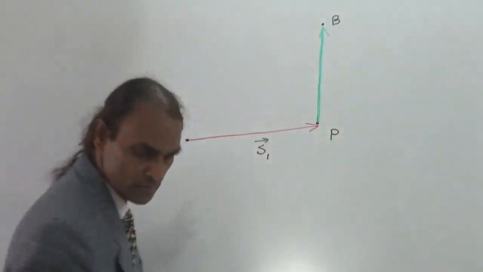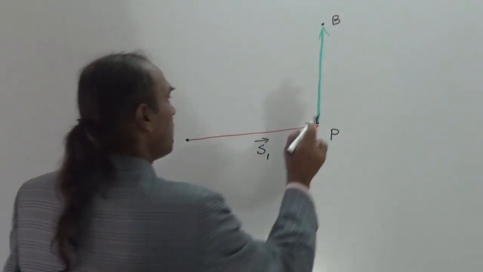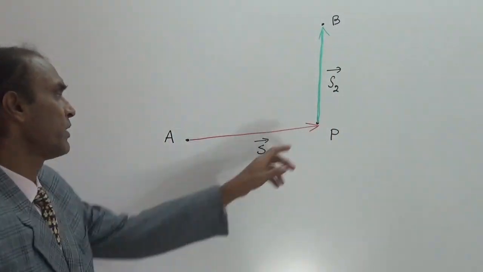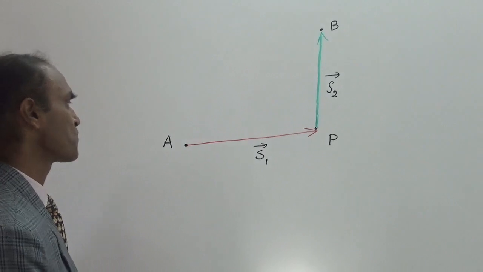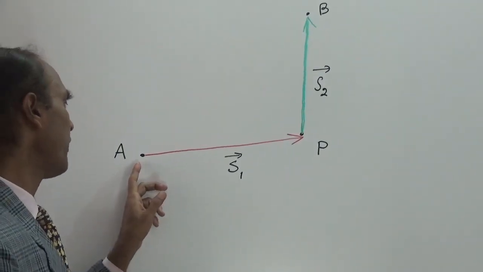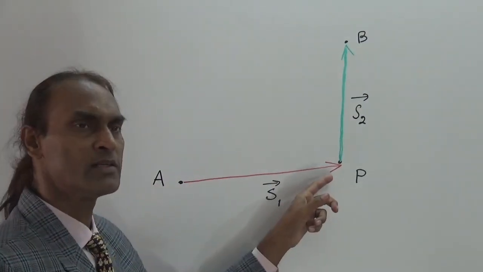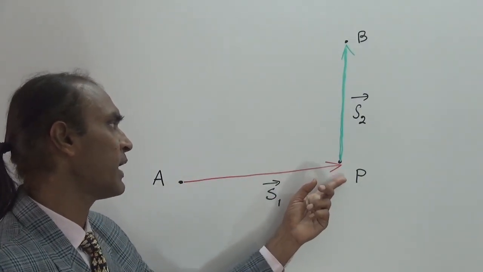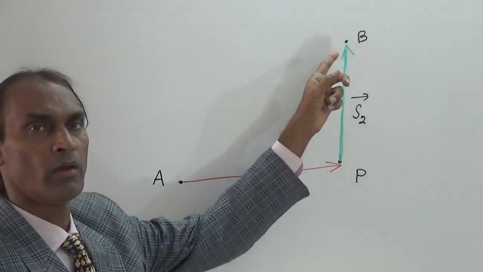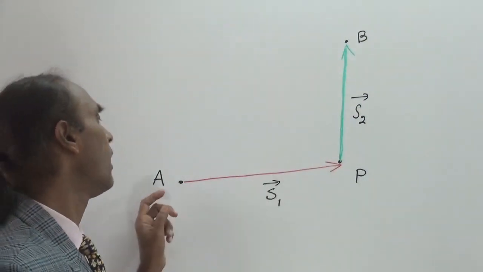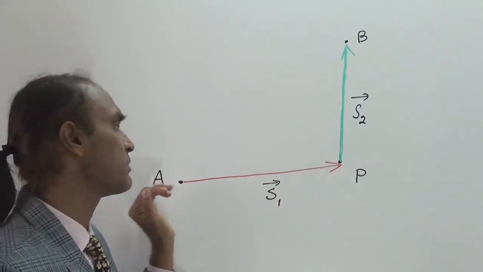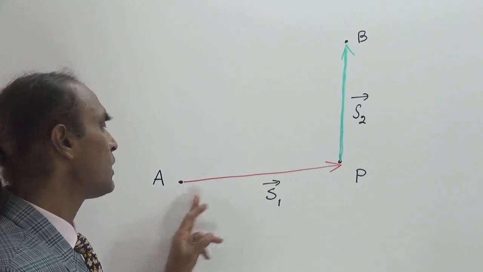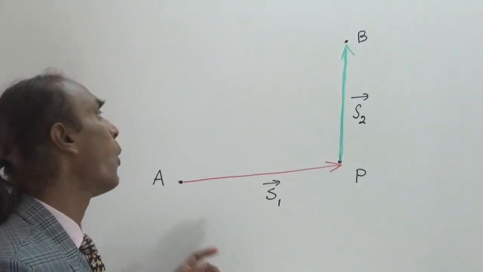This displacement is S2 when you are moving from P to B. So you are moving along this straight path, undergoing a displacement S1, then another displacement S2. Of course, you need not move in a straight path, but for the sake of simplicity, I have taken a straight path. So after two successive displacements, what are you getting?